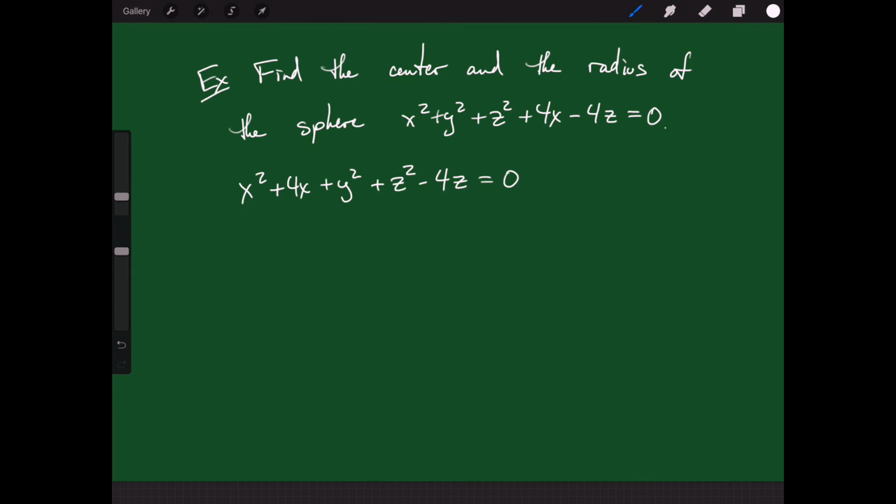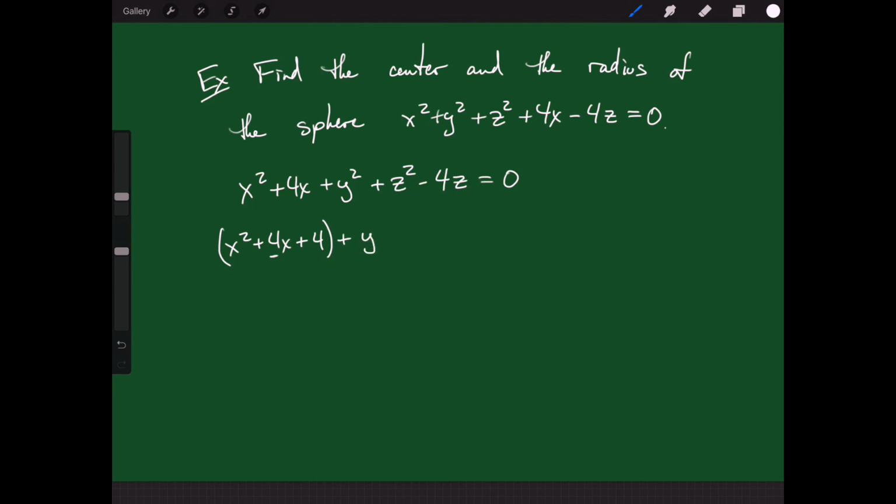So now I'm going to complete the square for each of these terms. So I've got x squared plus 4x. And then to complete the square on x squared plus 4x, I take whatever term is by the x, divide it by 2, and square it. So 4 divided by 2 is 2, and then when I square 2, I add 4. And I do that so that this turns into exactly a perfect square.